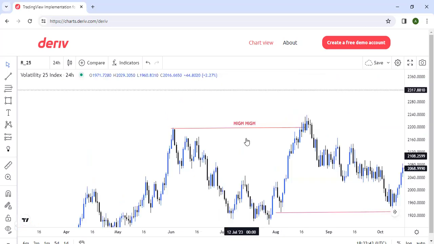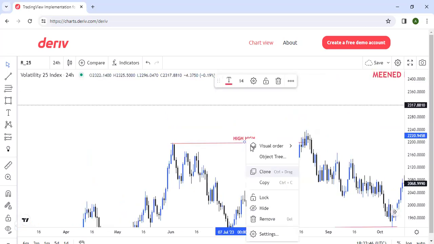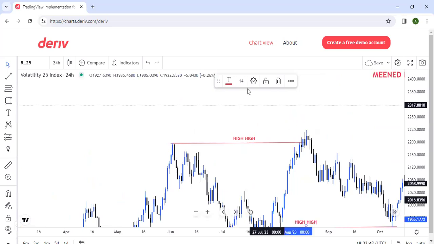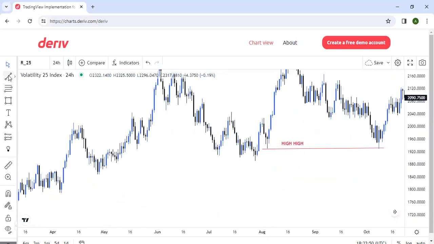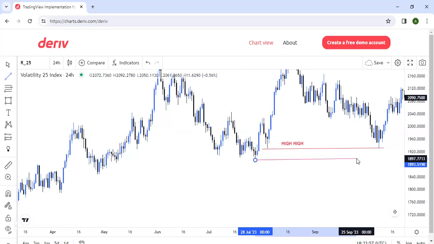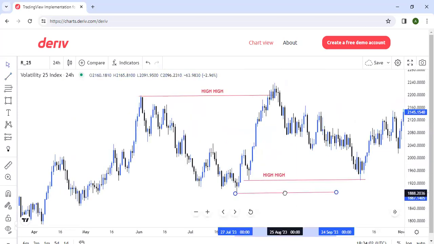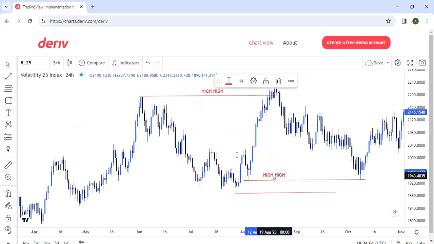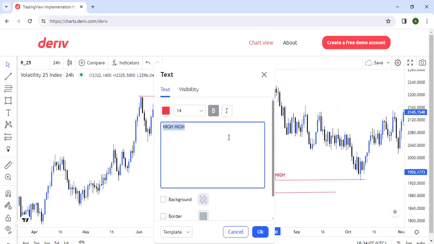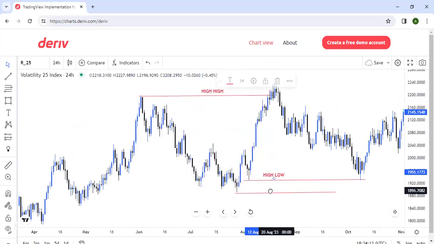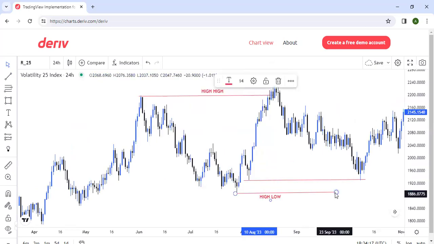And this is the higher low here. So that's the higher low here. So what do we do?